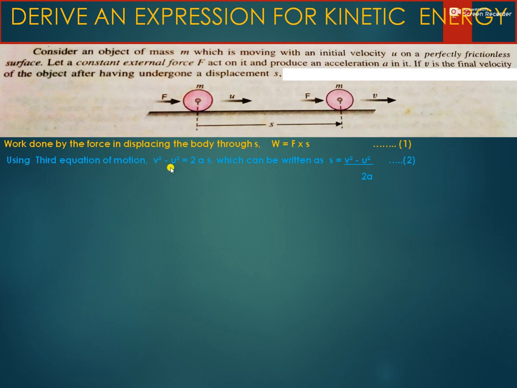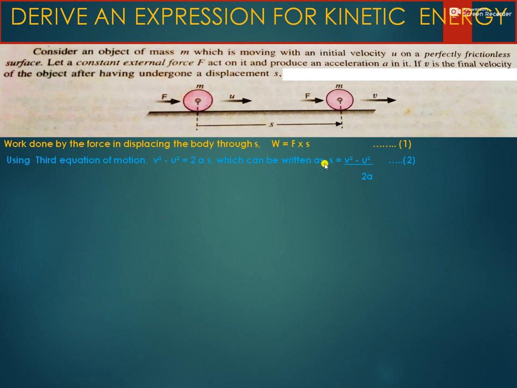That is, using the third equation of motion, v square minus u square is equal to 2as. We want s to be substituted, so we will put the 2a on the other side.